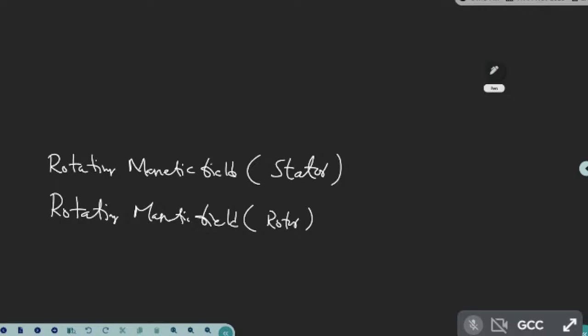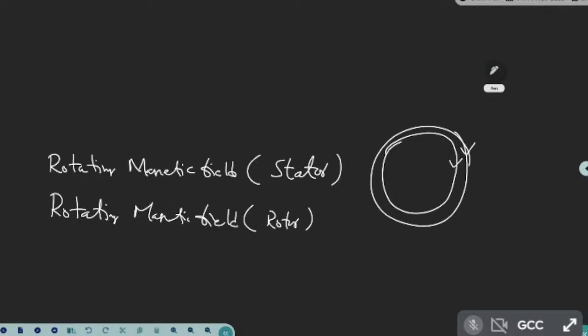So one is rotating like this because of the stator. Because of the rotor, the other magnetic field is also rotating. Both these fluxes revolve and interact with each other, thereby the rotor starts rotating.